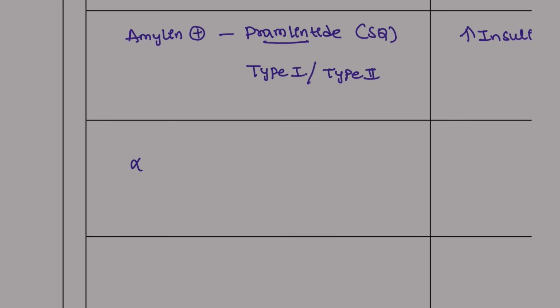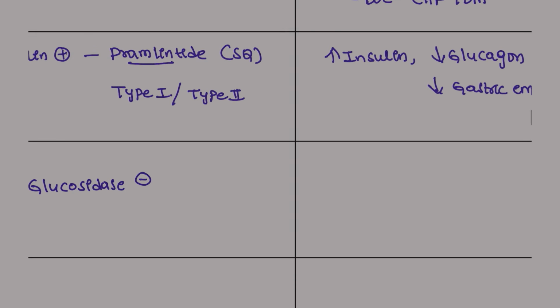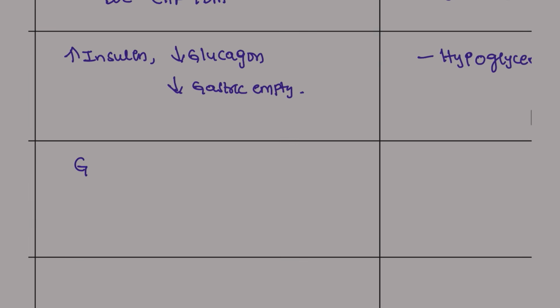Next, alpha glucosidase inhibitors. These block the alpha glucosidase enzyme. Examples are voglibose and acarbose. This enzyme is present in the GI system, so in the GI system you are blocking these alpha glucosidases.